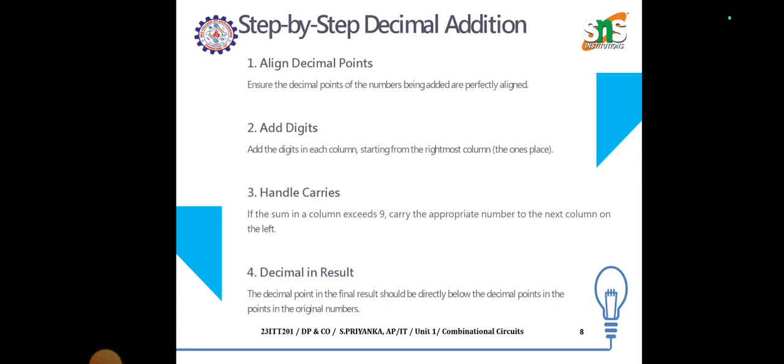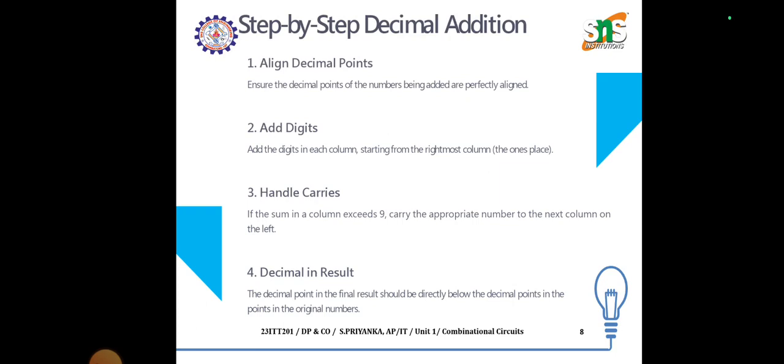Finally, step by step decimal addition. Step-by-step decimal addition mainly consists of align decimal points, add digits, handle carries, and decimal in end results. Align decimal points: it ensures the decimal points of the numbers being added are perfectly aligned. Next is add digits: add the digits in each column starting from the rightmost column, the ones place.